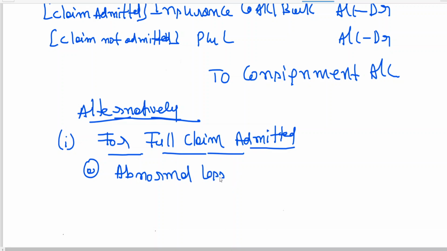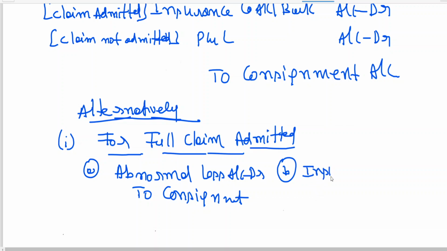Abnormal loss account debtor to consignment account. B: Insurance company account debtor or bank account debtor to abnormal loss.